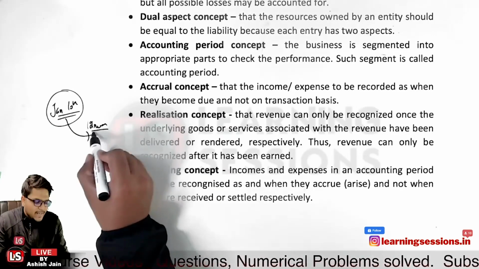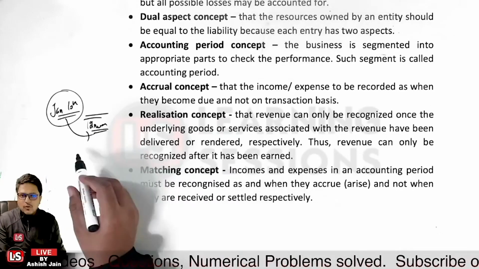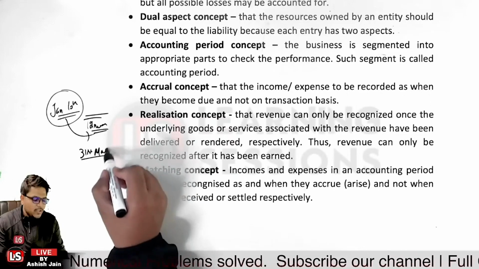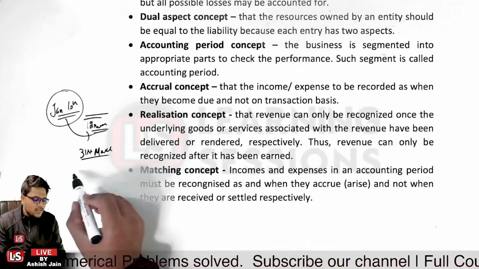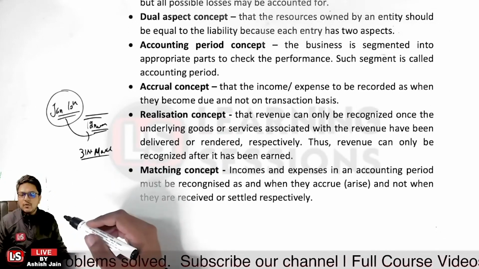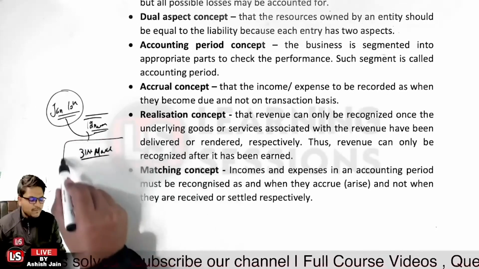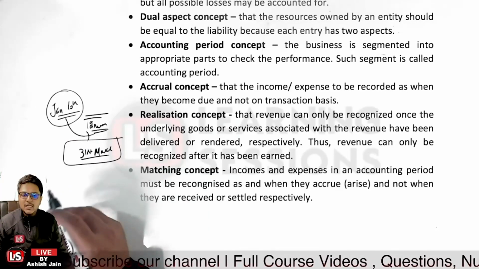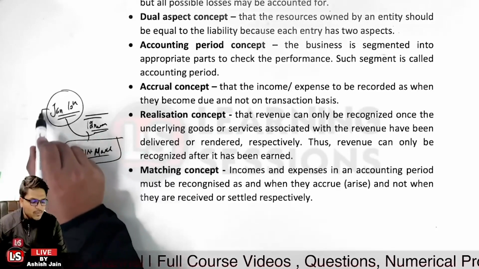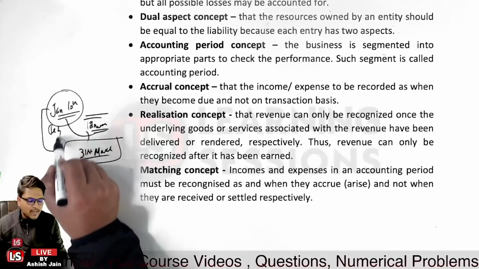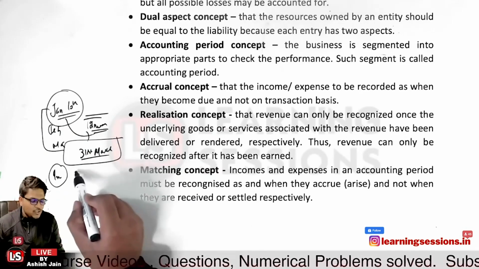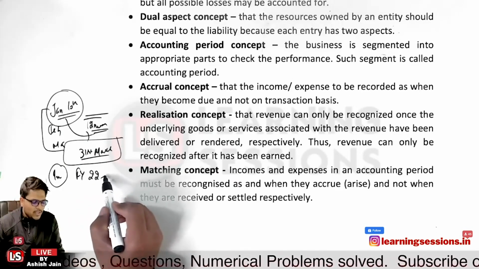Now, as per the accounting period, the accounting period will be till 31st of March 2022, and the next accounting period would be related to the financial year 2022-2023 and not to the previous financial year. So for the financial year 2021-2022, only 3 months would be accounted for, that is January, February and March, and the other 9 months would be accounted in financial year 2022-23.